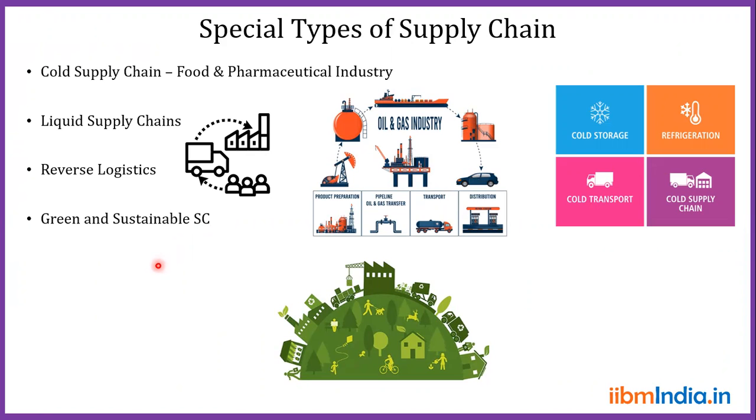Nowadays, the vehicles are also changing technology from IC engine to electric vehicles. Automatically, it will reduce the emissions by these vehicles, and that is what is used in transportation, which is a part of the supply chain. So for this green and sustainable supply chain, we will see some best case studies, best examples, which are implemented by some of the companies to understand how the supply chain can be made greener and sustainable.